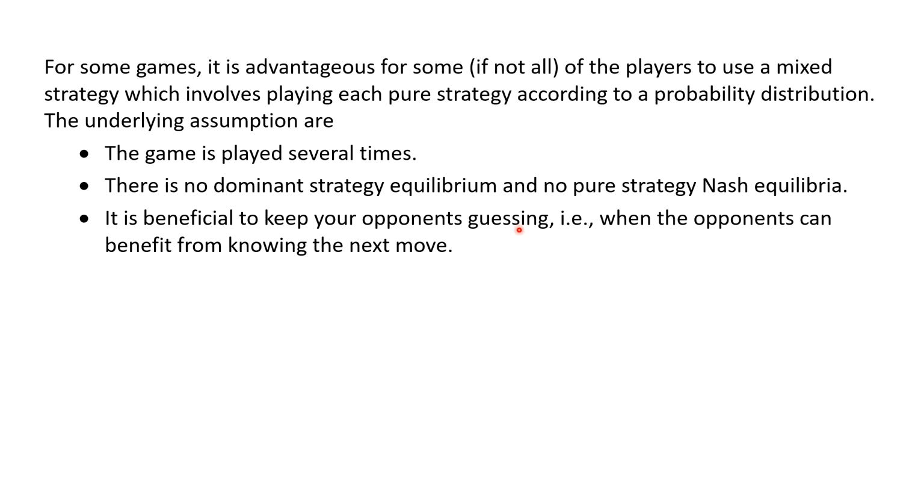So if you keep playing the same strategy, in a game like rock, scissors, paper, pretty quickly your opponent's going to see that, and then you'll start losing all the time. So you need to keep your opponent off guard. That's the idea of playing these different strategies based on a probability distribution and randomly.